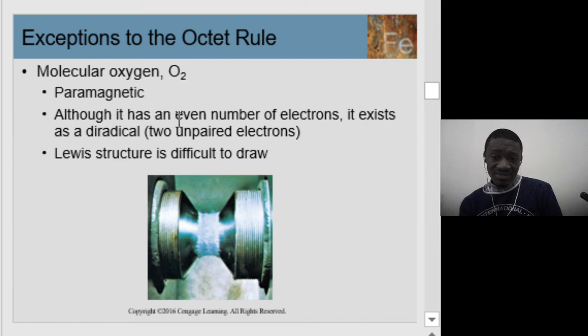Although it has an even number of electrons, it exists as a diradical. So the word diradical, if you know what a radical is in English, is something very unstable.